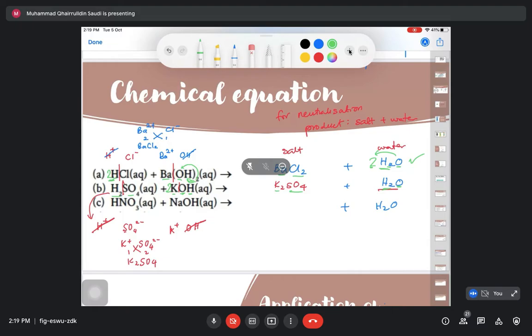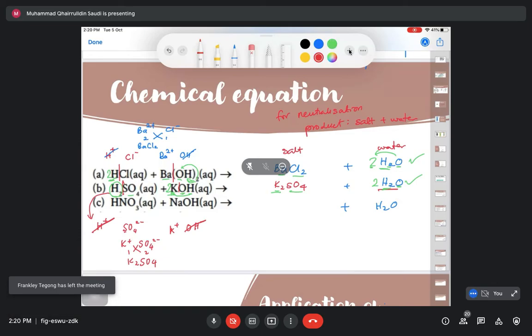So 2 potassium, 2 potassium. Now we have 2 oxygen. How do we make this oxygen become 2? We put 2 in front. So 2 oxygen. Hydrogen now we have 4. 2 and 2 also 4. So this is a balanced chemical equation.